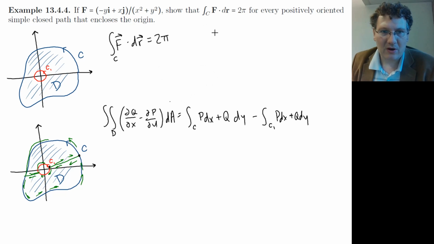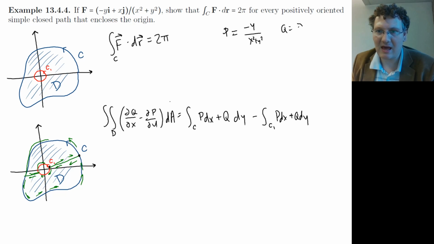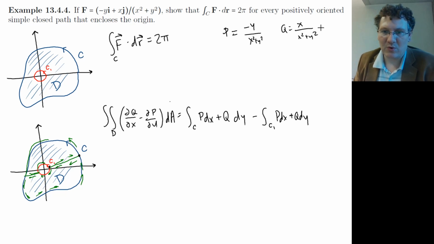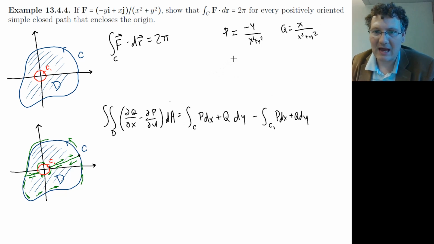Now, we are given P is negative y over x squared plus y squared, and Q is x over x squared plus y squared. I'm not going to figure out exactly what this is first. This is really our goal, we're trying to figure out what this thing is.